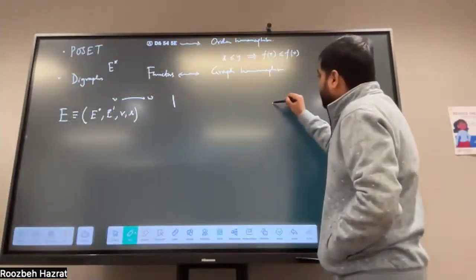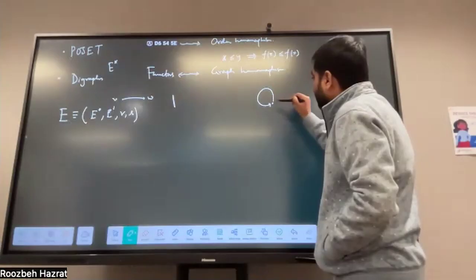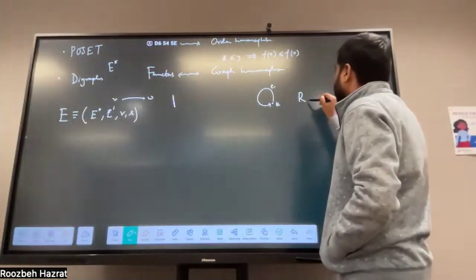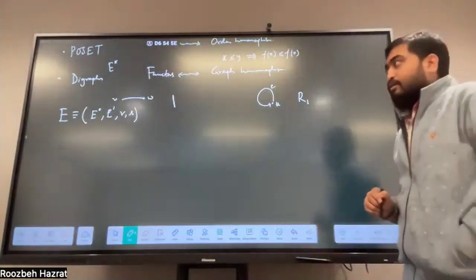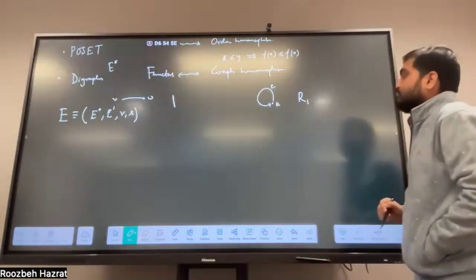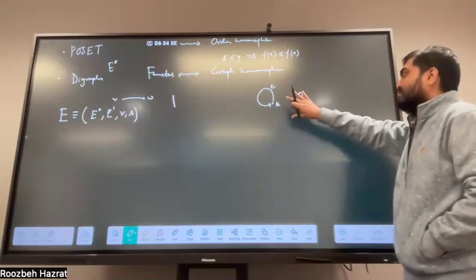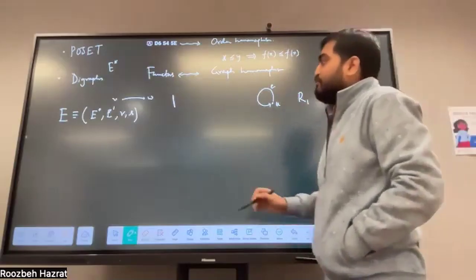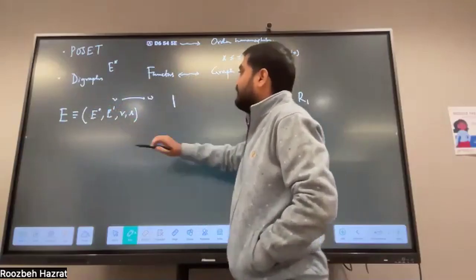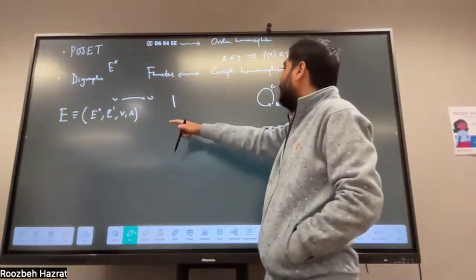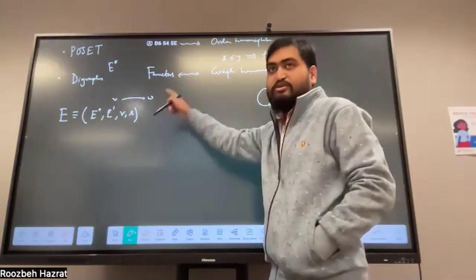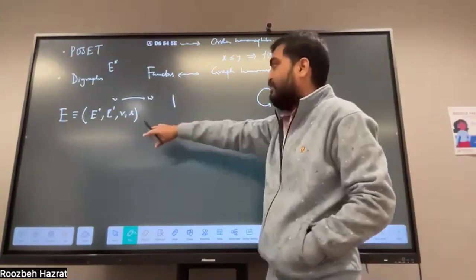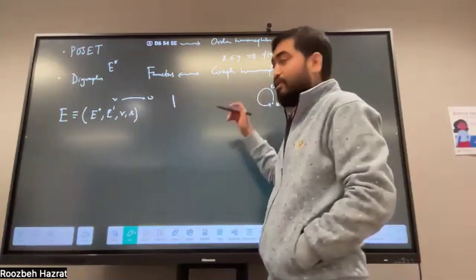For example, you have this graph, the one vertex, one loop graph, formally called the rose with one petal. And you can check that this is the terminal object in the category of directed graphs. So if you have any arbitrary graph E, there exists exactly one graph homomorphism from E to this graph. Obviously, every vertex goes to this vertex and every edge goes to this loop.